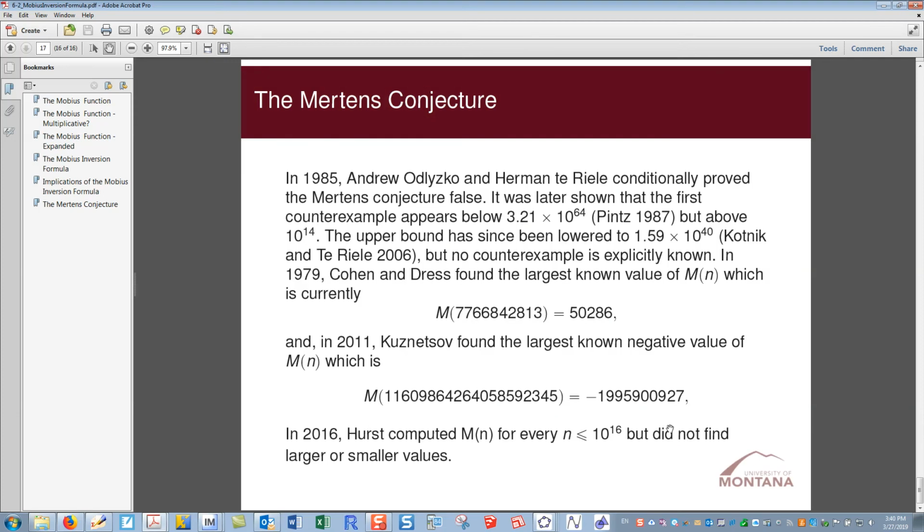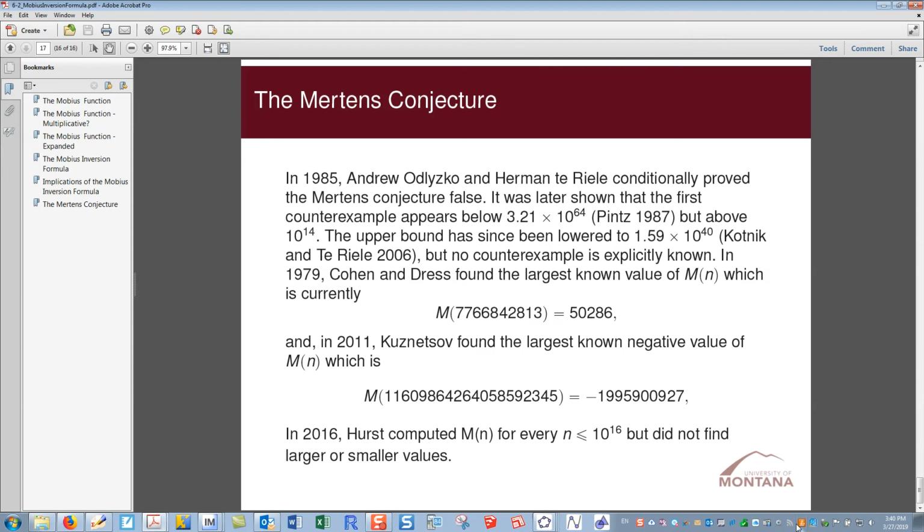It took till 1985 for Andrew Odlyzko and te Riele to conditionally prove Merton's conjecture false. It was later shown that the first counterexample appears below 3.21 times 10 to the 64th, the first time it actually grows outside the bounds of the square root curve.